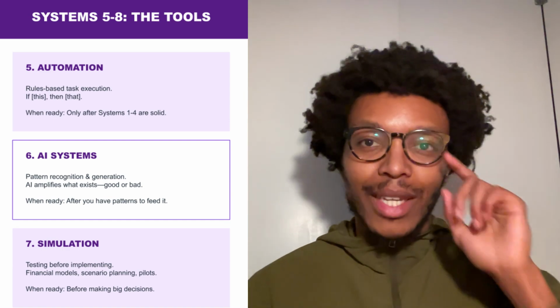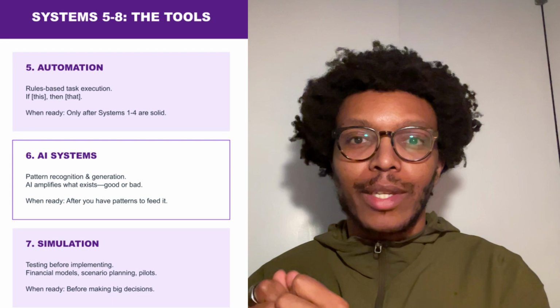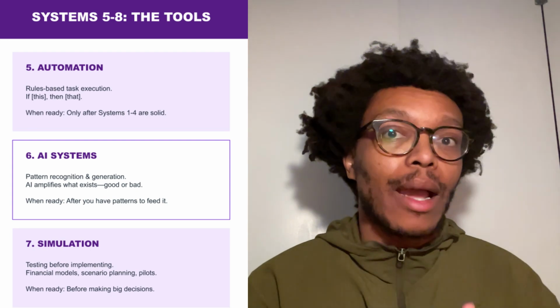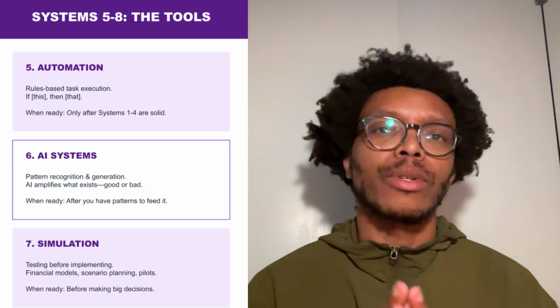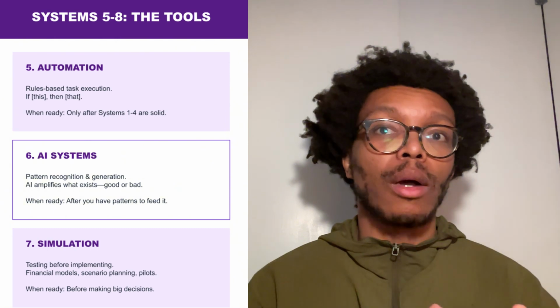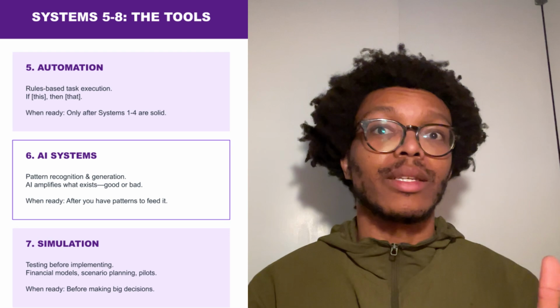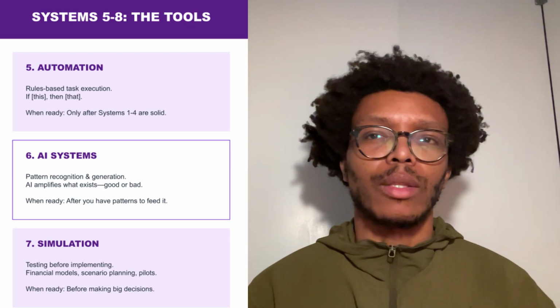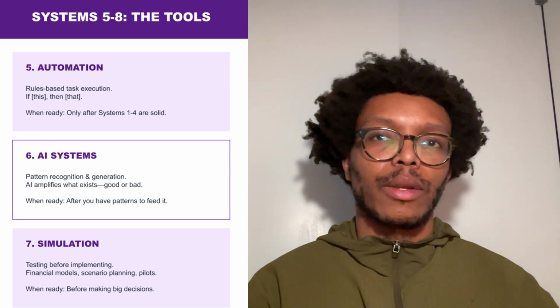System 7, simulation systems. This is testing before implementing. Before you hire, model what that role actually does. How is it going to improve the metrics of your business to have this new person on the team? Before you launch, project what the numbers need to be. Before you raise your prices, simulate the client response. Will you lose enough clients to justify?